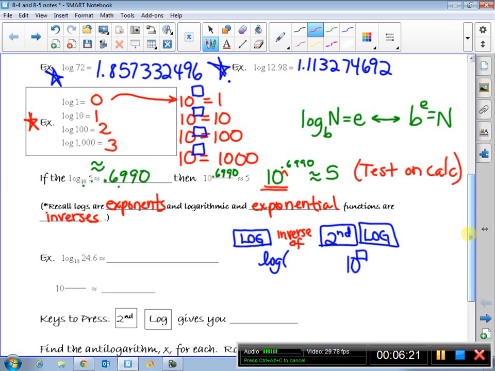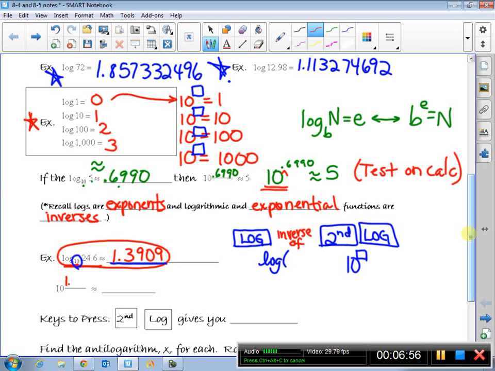So if we want to figure out the log of 24.6, just type that in. It's approximately 1.3909. So we know then that 10 to what power, switch this up, put it in exponential form. 10 is our base. 1.3909 is our exponent.